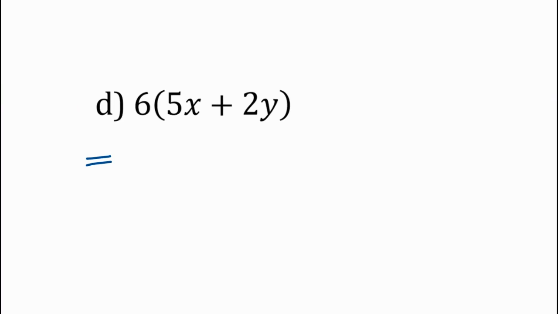When there's nothing but just a letter, there's no number, does that mean it's 0? No, it means 1. Which question are you looking at? E? E, yeah. Okay, so give me a second. 6 times 5. Good, 30.